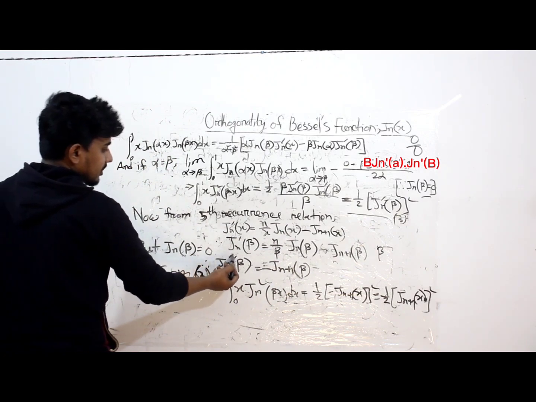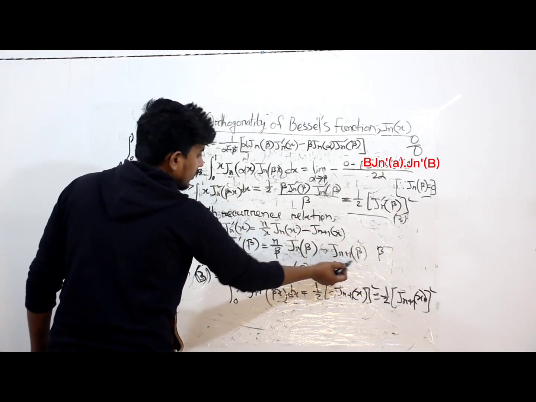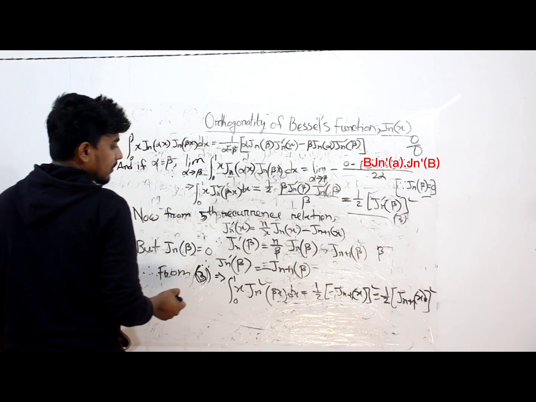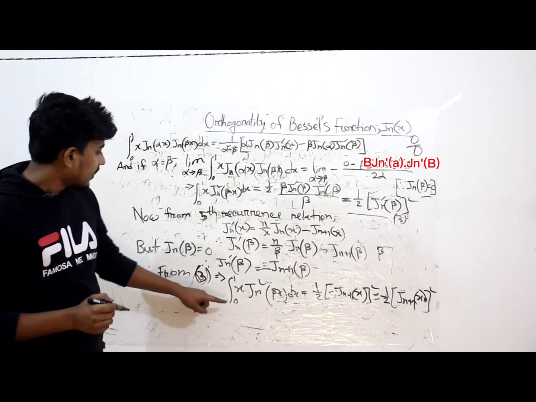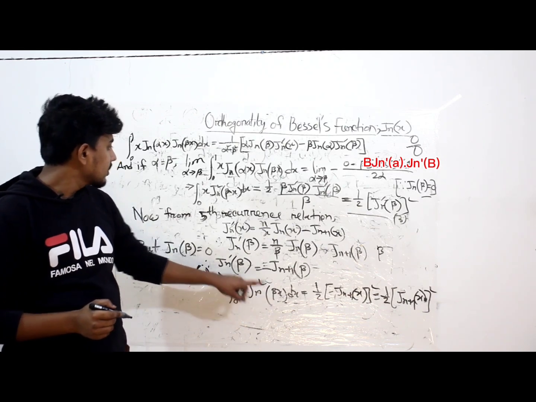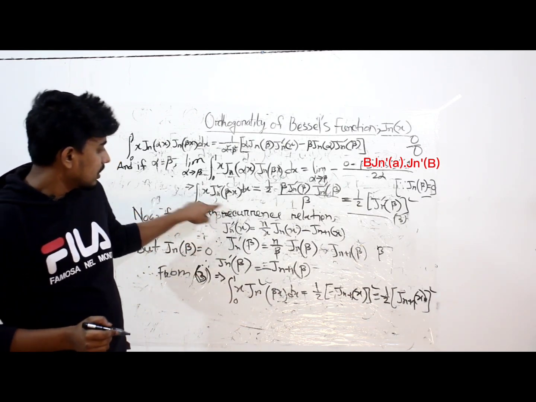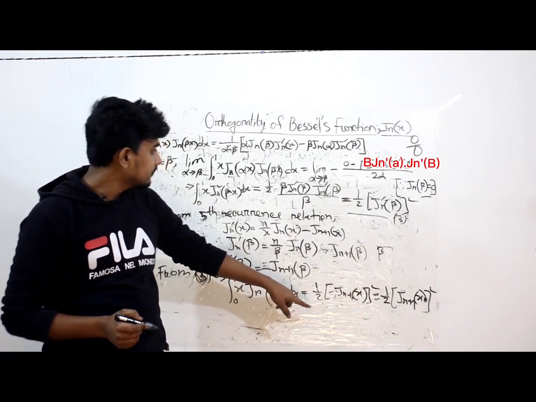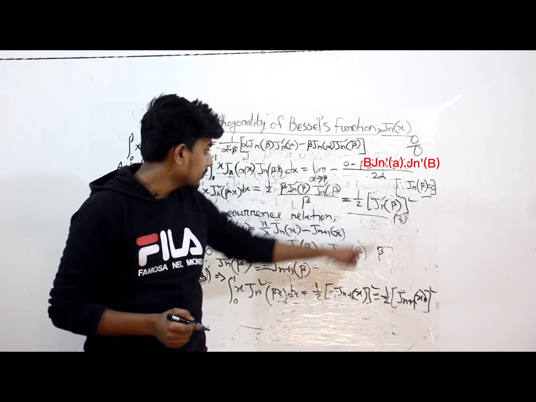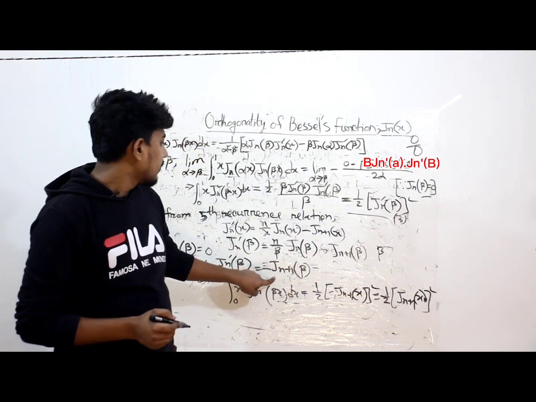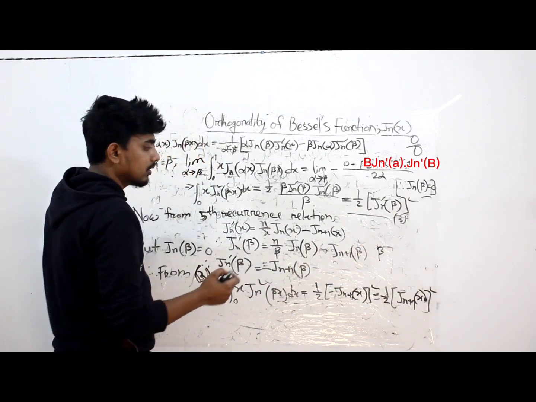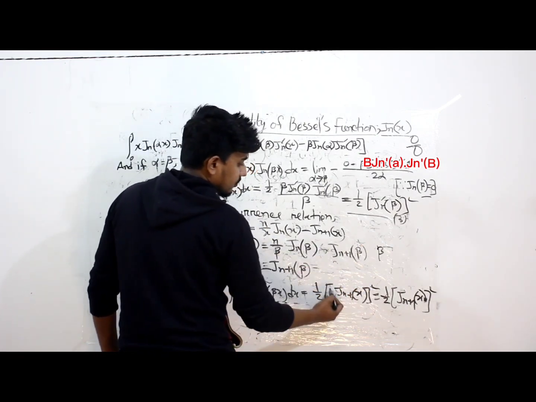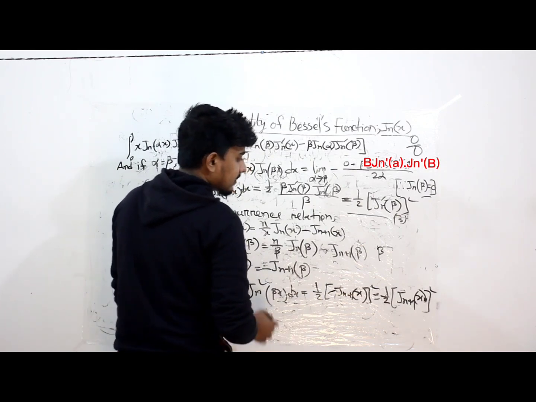Then Jn prime of beta equals only minus Jn plus 1 of beta. And from equation 3, the integral equals half of the square of Jn prime of beta, that is minus Jn plus 1 of beta, whole square, so we can disregard the minus sign.